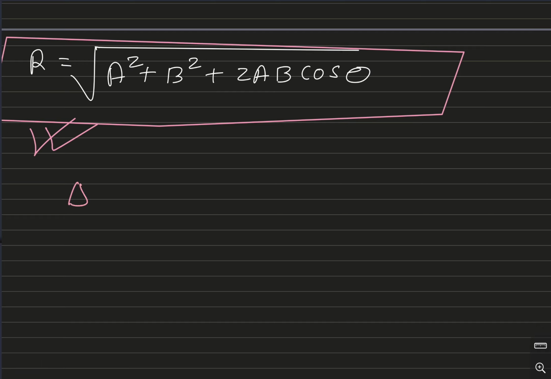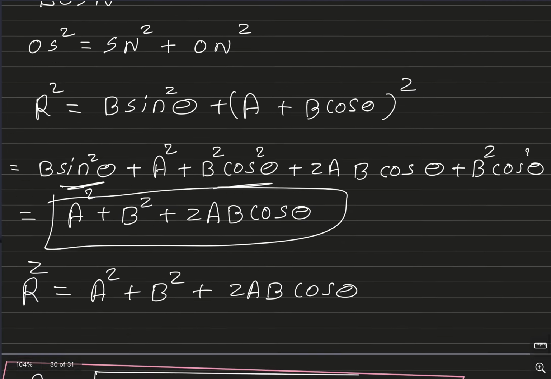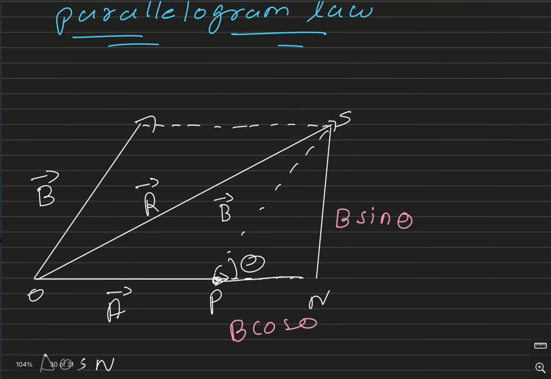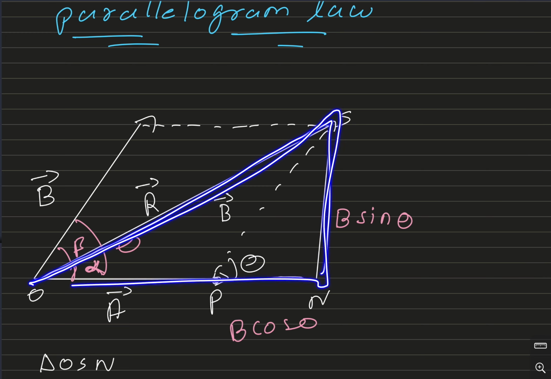It will not be theta, it will be alpha, and we split the theta into two parts, alpha and beta. So we use this alpha through the triangle OSN.